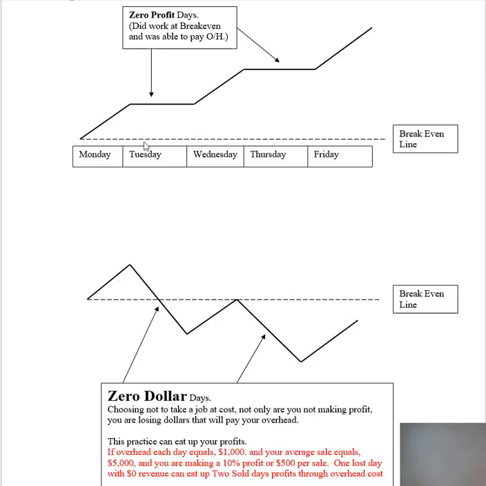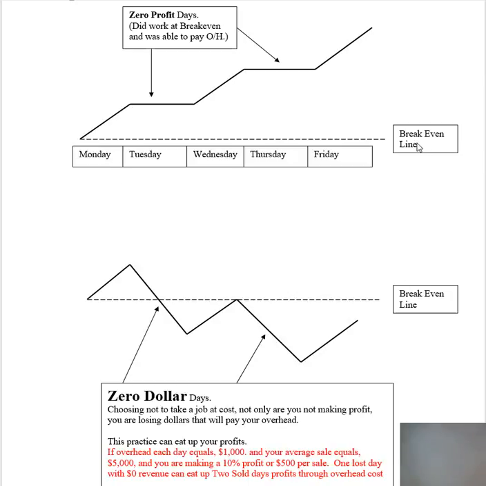On Monday, both companies sell a job for $5,000. If you hear anything in the background, that's my granddaughter. She's crying. So we've got Monday, we sold a job, and both companies made $500. This dotted line here represents break even, so we're $500 above break even because we made profit.